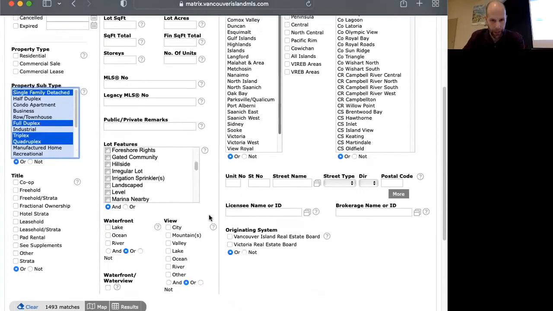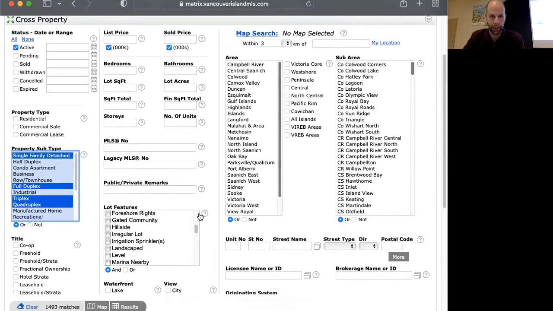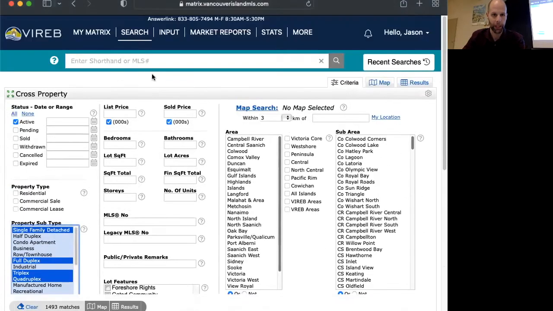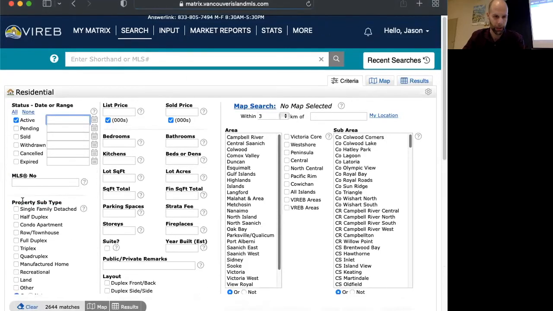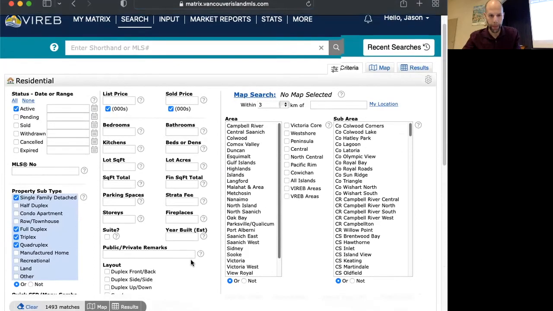And actually, you know what, I wouldn't actually search for both commercial and residential simply because it actually narrows the search criteria. So let's just go residential. So single family detached, triplex, quadplex, and full duplexes, all of those do fall under residential. Fiveplexes and up falls under commercial property.